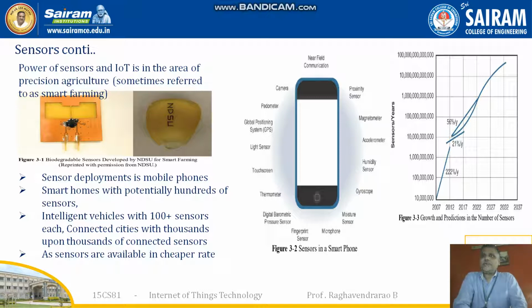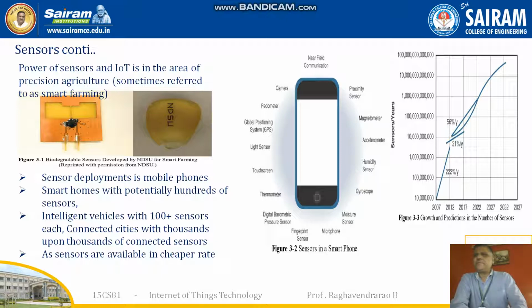Now you will be able to see in the middle there is a smartphone. There are so many sensors in this smartphone. NFC is there, near field communication. Then proximity sensor is there.